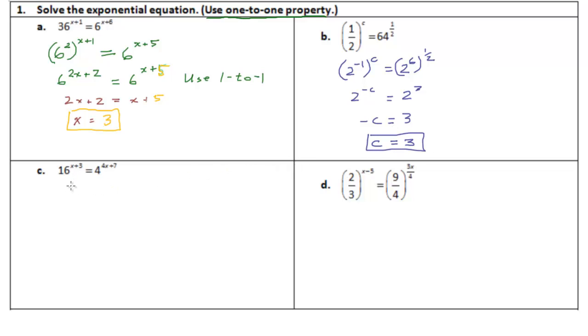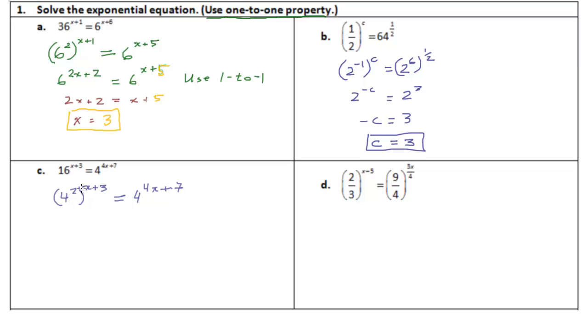Now, coming here to this third equation, 16 is 4 squared, and we'll leave 4 alone on the right, so we have 4 squared to the x plus 3 equals 4 to the 4x plus 7.